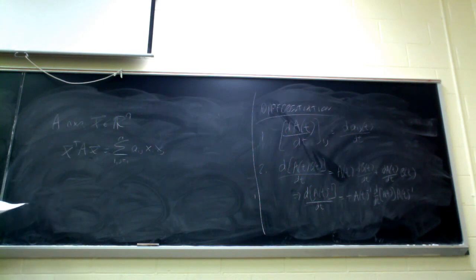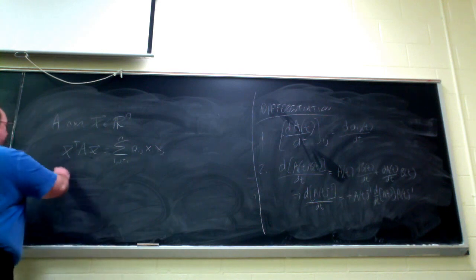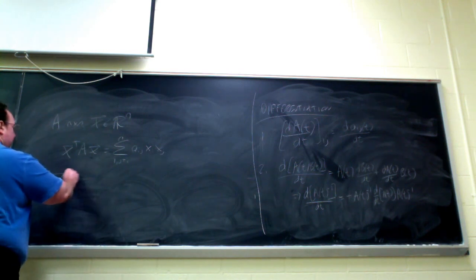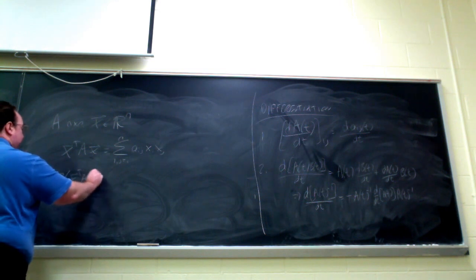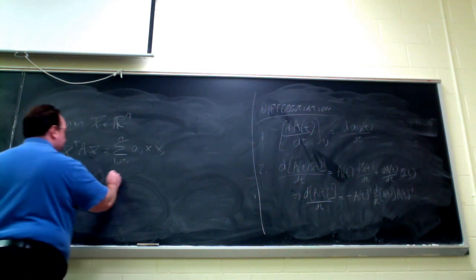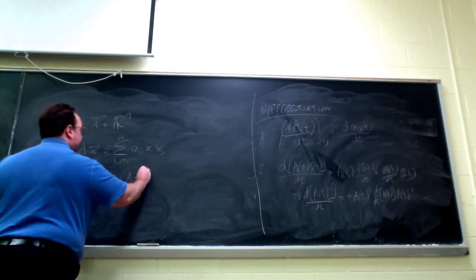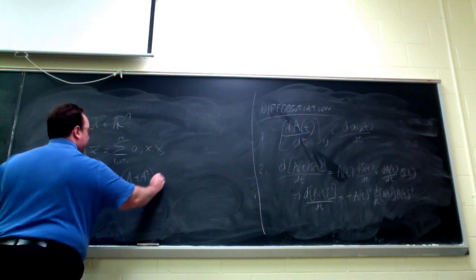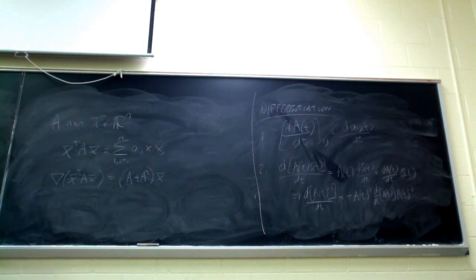And those partial derivatives together make up what you know as the gradient. Now, it's probably been a long time since I took multivariable calculus, but the gradient of x transpose Ax turns out to be A plus A transpose times x. So in the case where A is a symmetric matrix, it's going to be 2Ax.